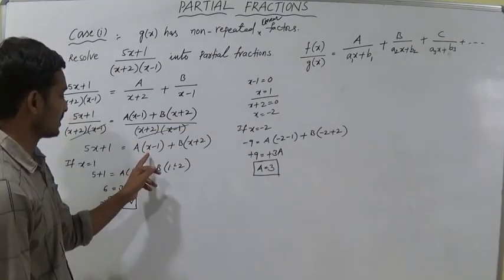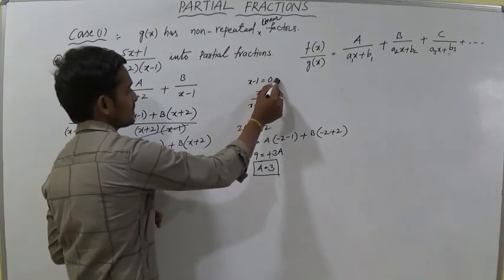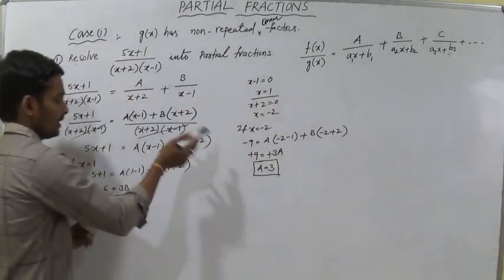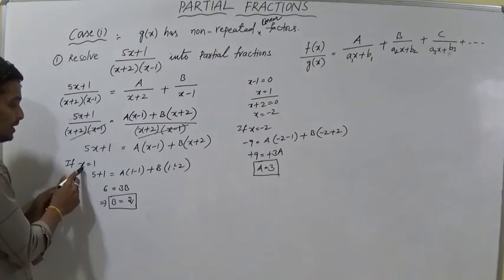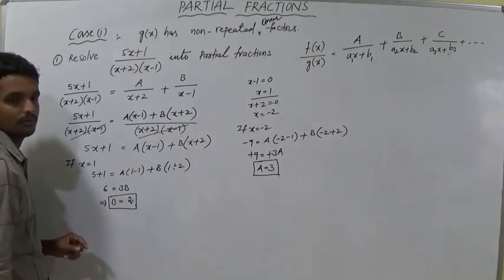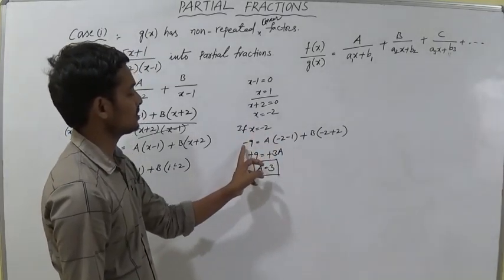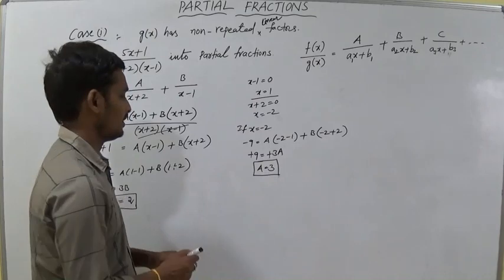That's why I am taking the factors of the coefficients of a, which is x minus 1. If x minus 1 is equal to 0, then x is equal to 1. I am substituting x is equal to 1 in both places. That's why I am getting the value of b is equal to 2. In the same way, if I take x is equal to minus 2, I get the value of a.